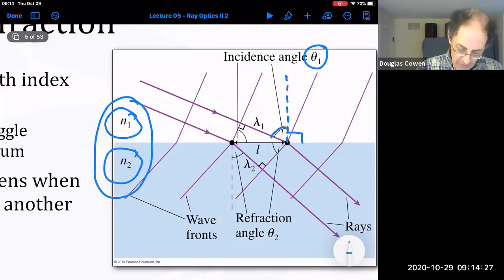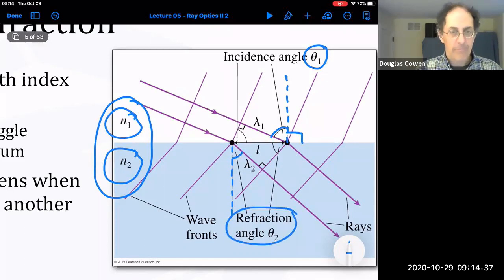And then over here, we draw another equivalent normal. This is the angle of refraction. So with reflection, we had an angle of incidence and an angle of reflection, theta sub I and theta sub R. Now we have an angle of incidence, which could be labeled theta sub I, and an angle of refraction, which unfortunately uses the same letter R, theta sub R.